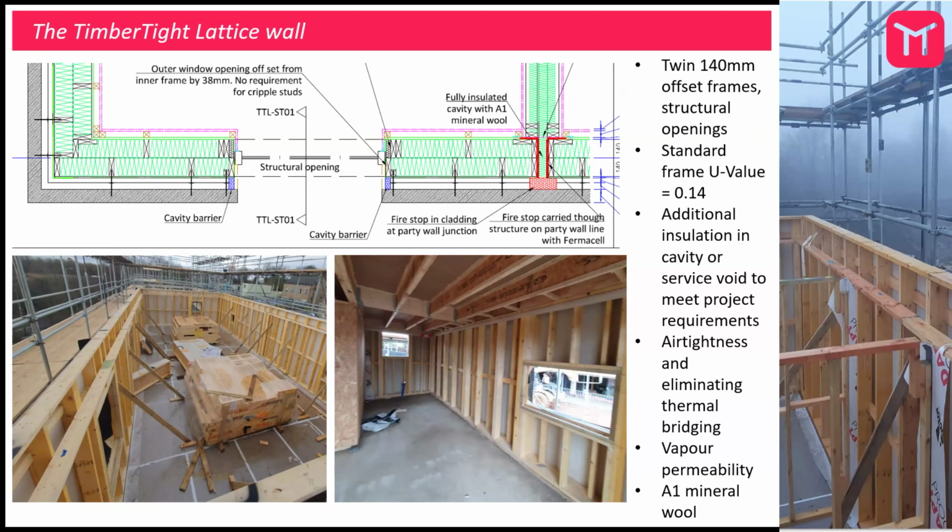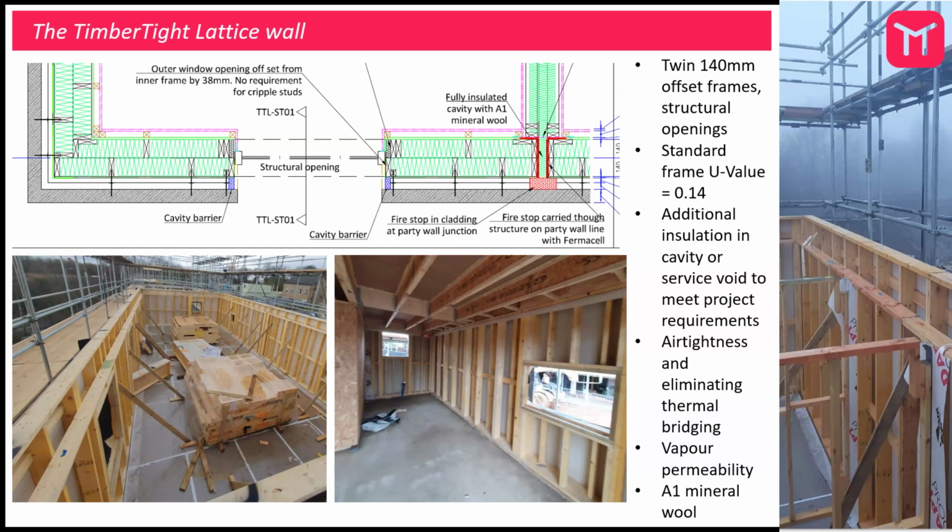The main considerations for us are the air tightness, the services that are going through the structure, and in our system, we wanted something that was, as previously mentioned, vapor permeable. So we've got a thermocell board on the outside, which replaces what's commonly used in timber frame, which is like an oriented strand board.